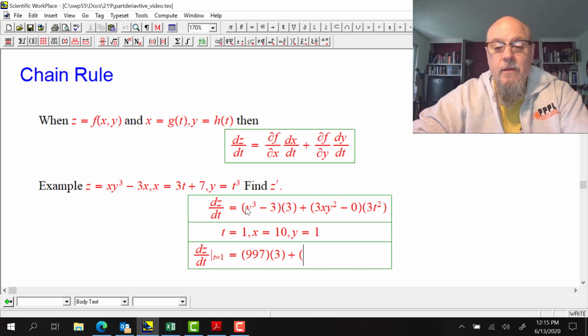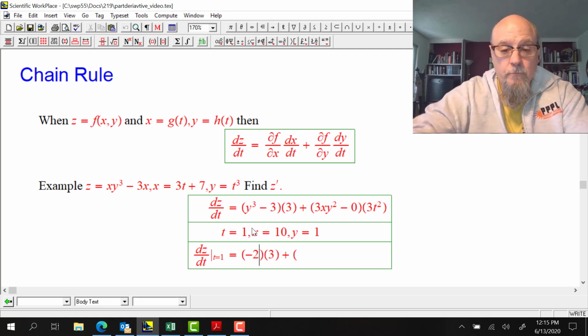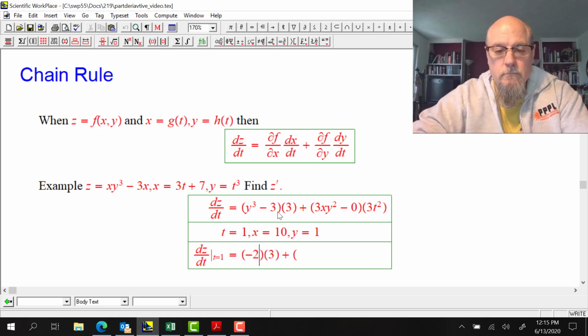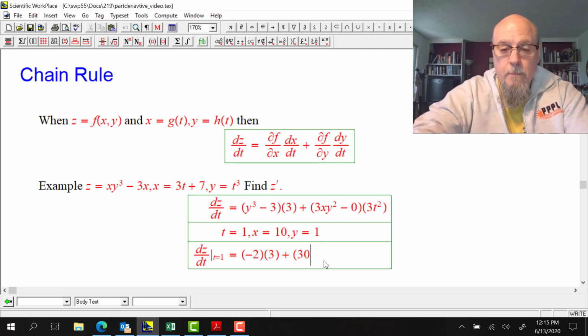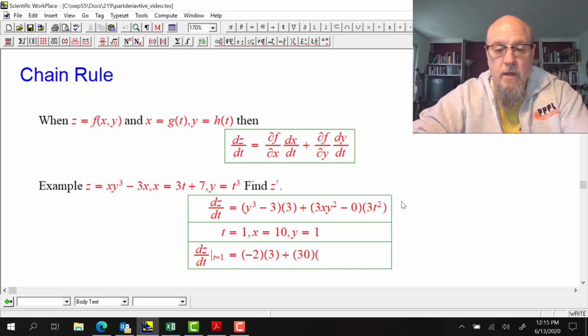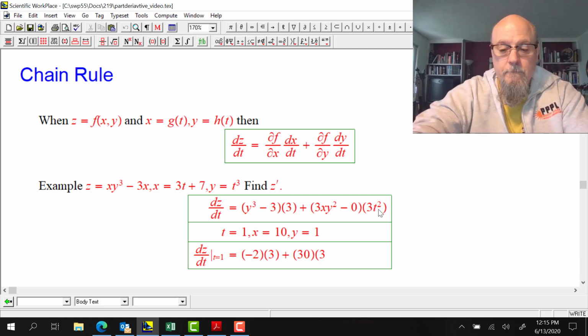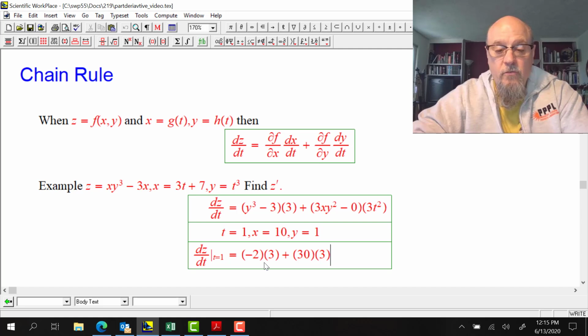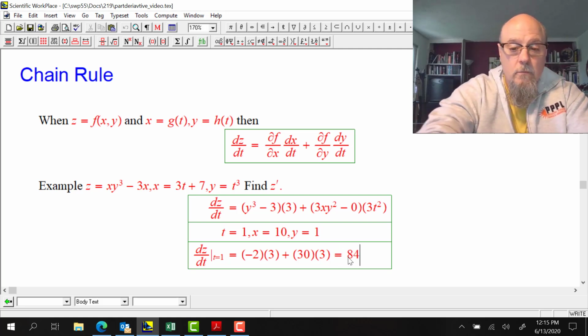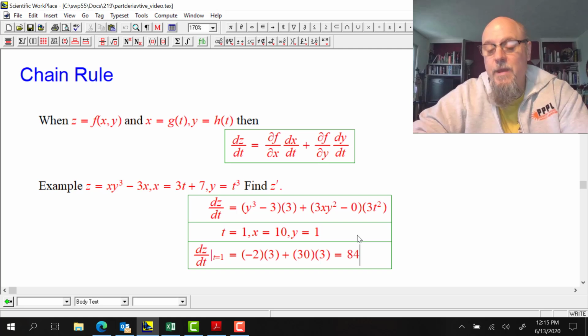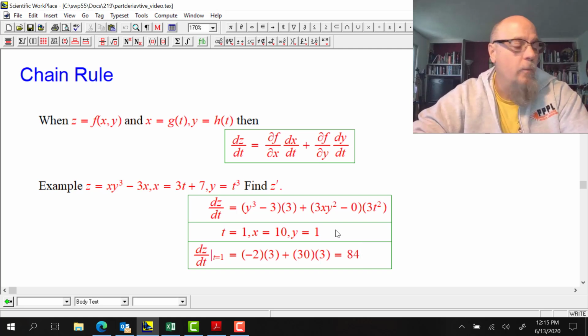So this is going to be minus 2, times 3, plus 30 times, when t is equal to 1, 3. So 90 minus 6, 84. So we get a value, but we have to get the values of the intermediate variables as we go. So this isn't too bad following this formula.